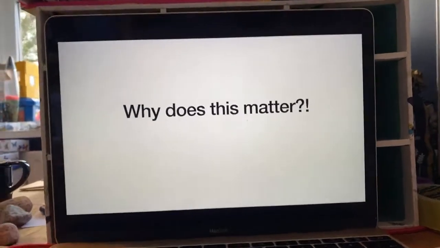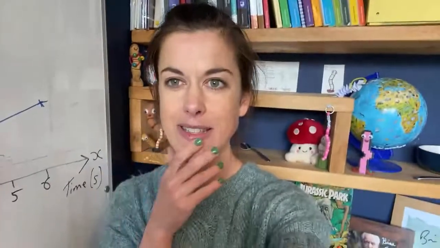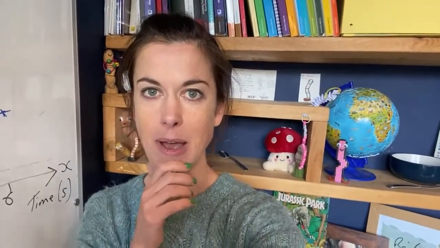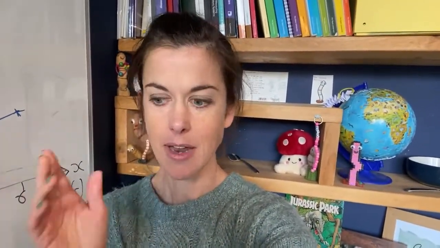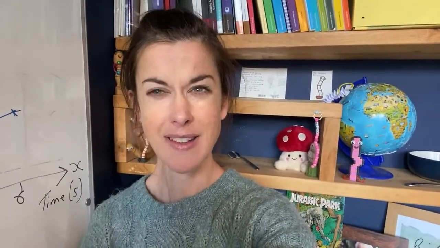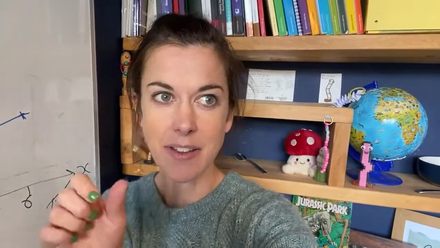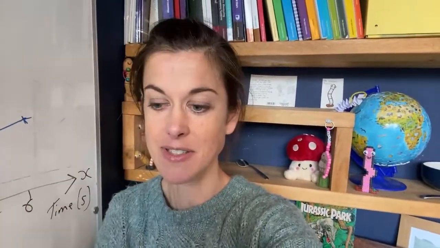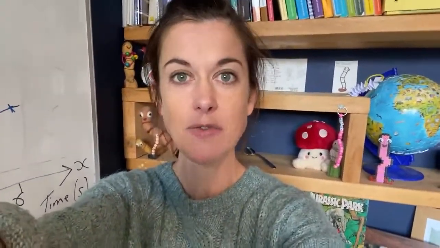Why does this matter? Well, we did some all ages lessons a while back about weather and climate, and I found this graph and I thought, that's a really good example of why slightly tedious physicsy things like looking at units and titles on graphs can actually make a massive difference. Here is a real life graph.